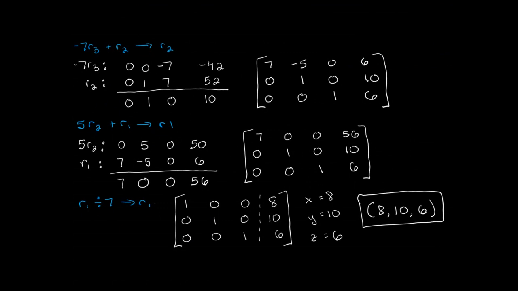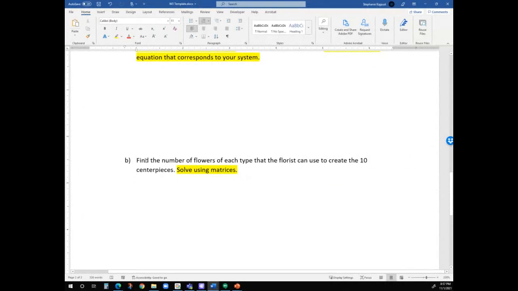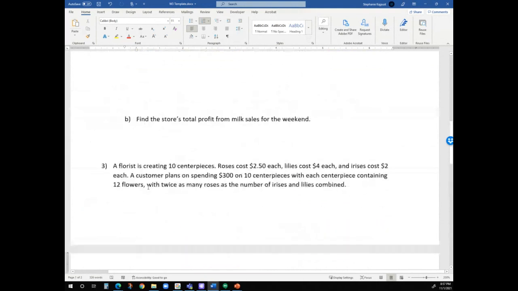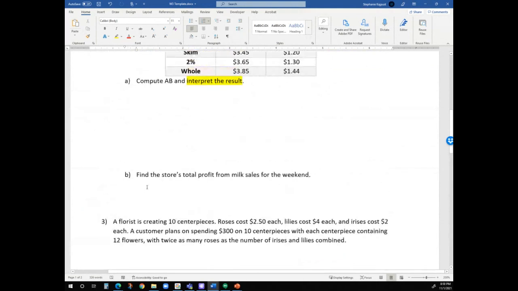So you have to write your final answer in a sentence so I know which flower goes with each part of the matrix, because the matrix itself doesn't give you any of that information. Since these are all word problems, you need to be writing words as your final answers.